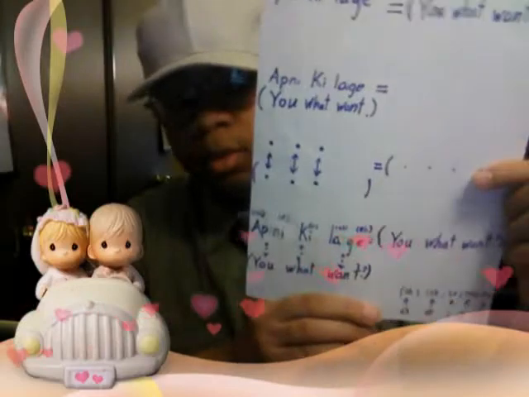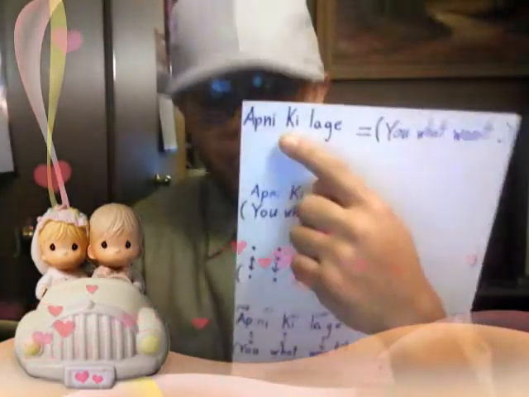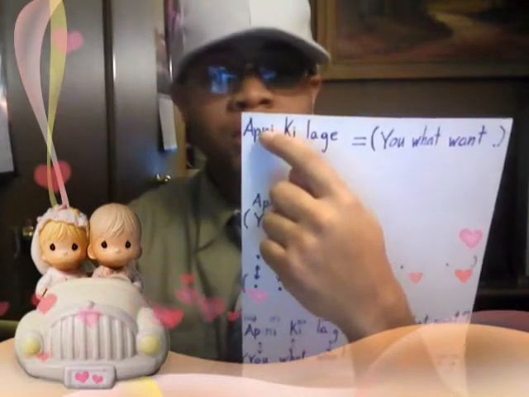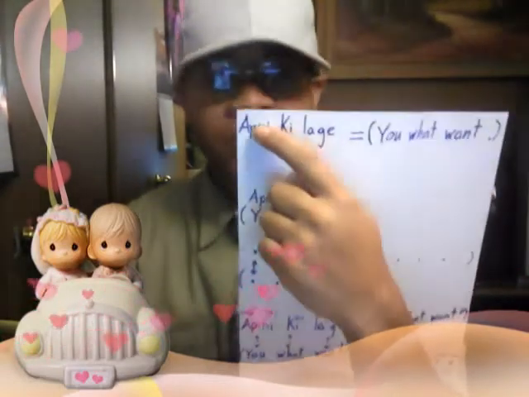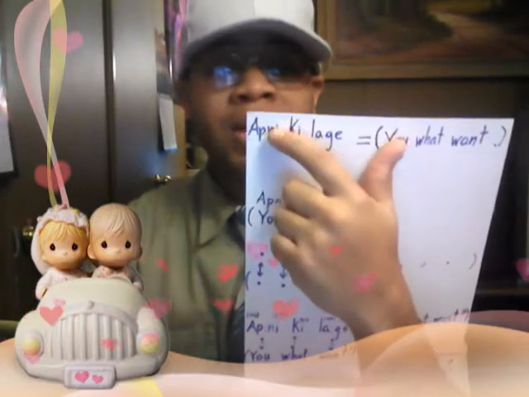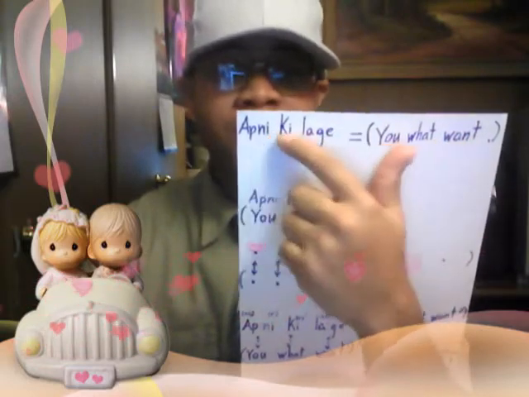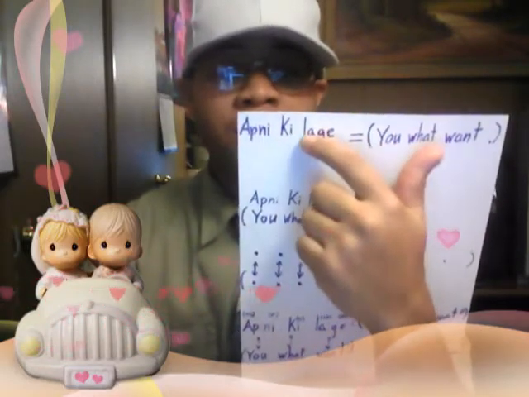So the next phase is this. You see, I have no colon here in between, and I also have not marked out the Bengali A, E, I, O, U sounds. This is how it looks in the first stage when you're writing it out.